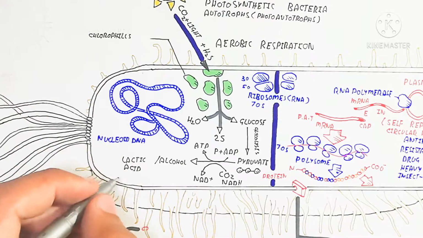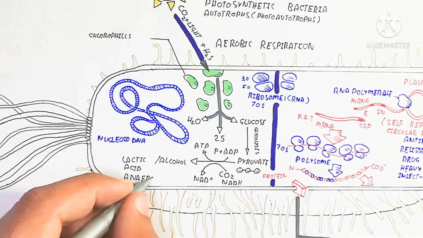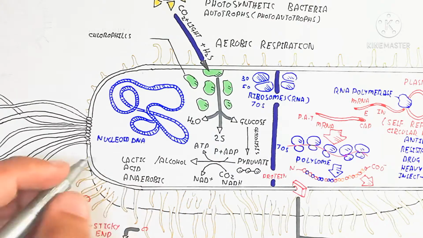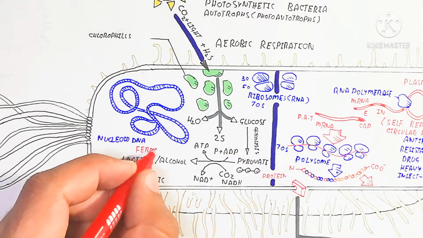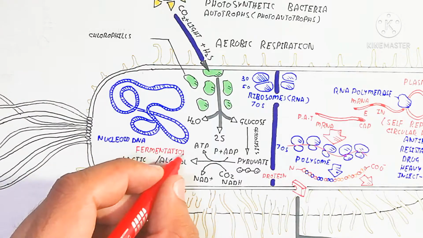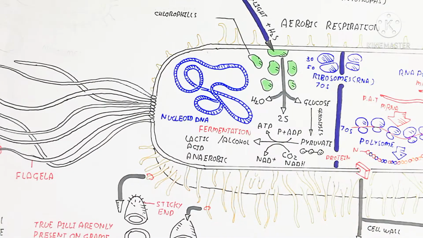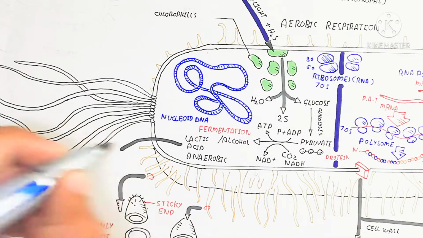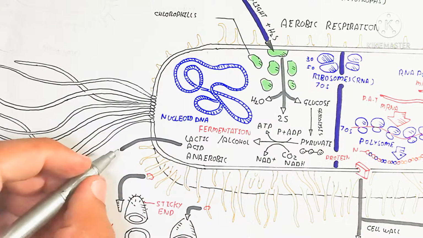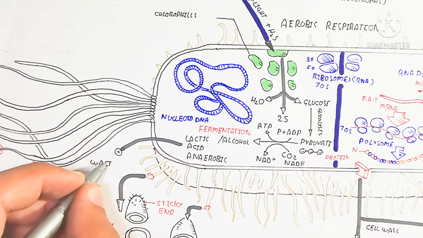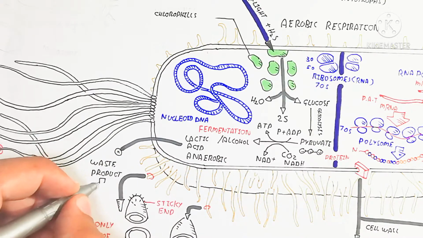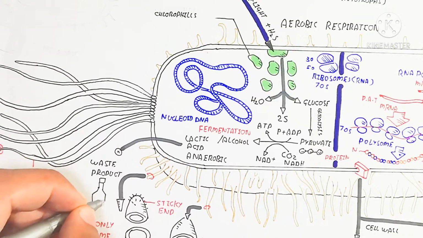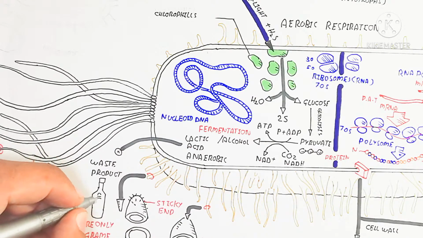After the production of pyruvate, the ATP, NADH and carbon dioxide are used to produce alcohol, and that is known as alcoholic fermentation or lactic acid fermentation. This is the byproduct, and it is used in the alcohol industry, and bacteria are used for it.